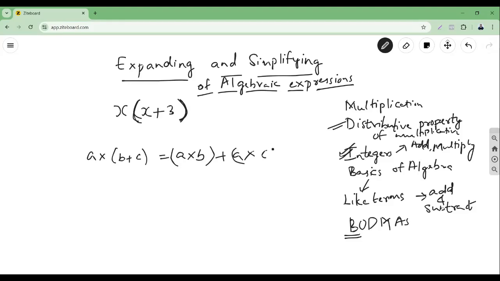This is what the distributive property says. That means a is first multiplied with b, and a is also multiplied with c, and the plus comes in between. That is the meaning of the distributive property.